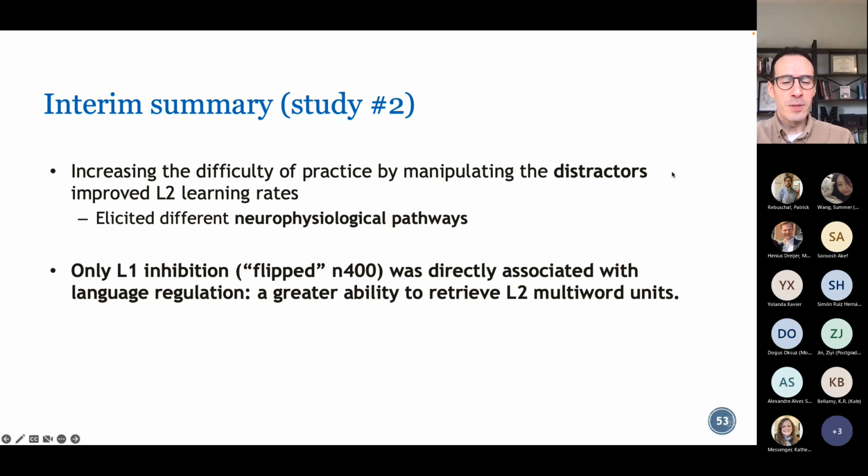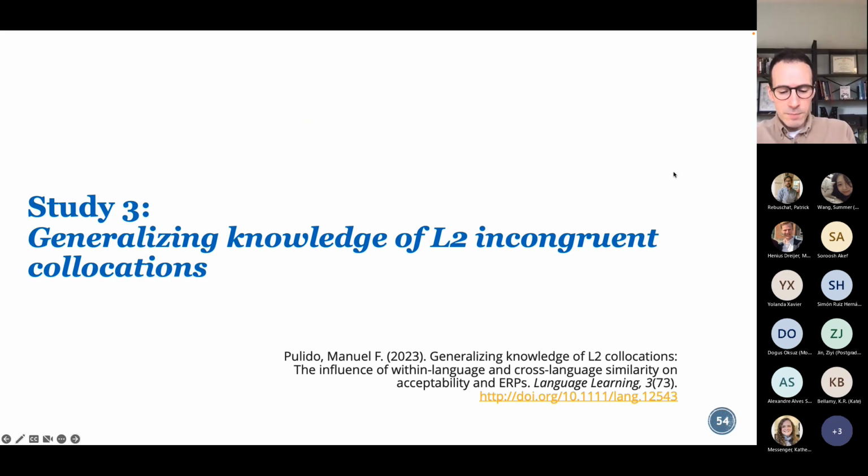Because now I'm going to be asking a slightly different question. So far I've been focusing on the effects that co-activation may have in a context where learners are trying to select the appropriate lexical choices based on novel multi-word units in a second language.